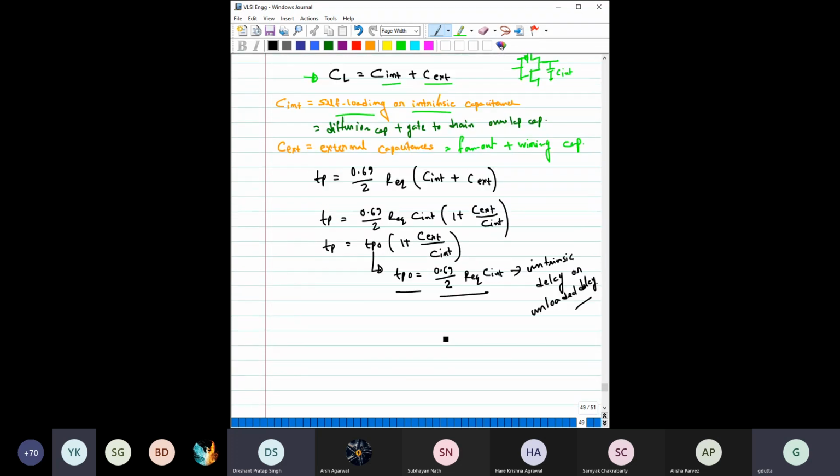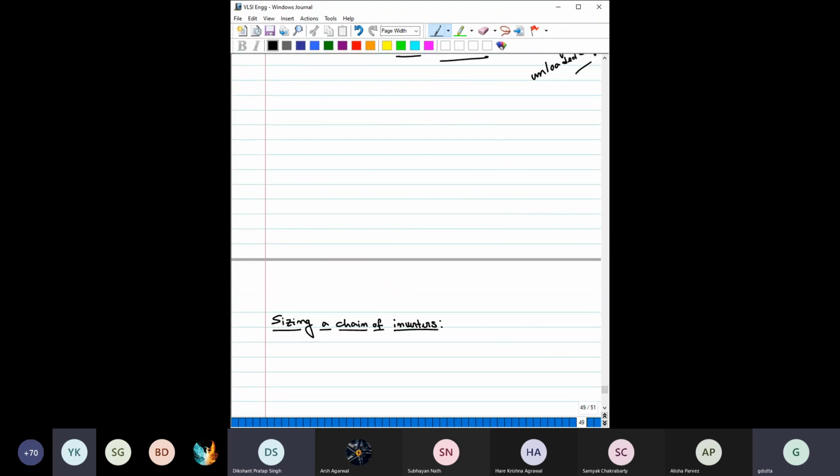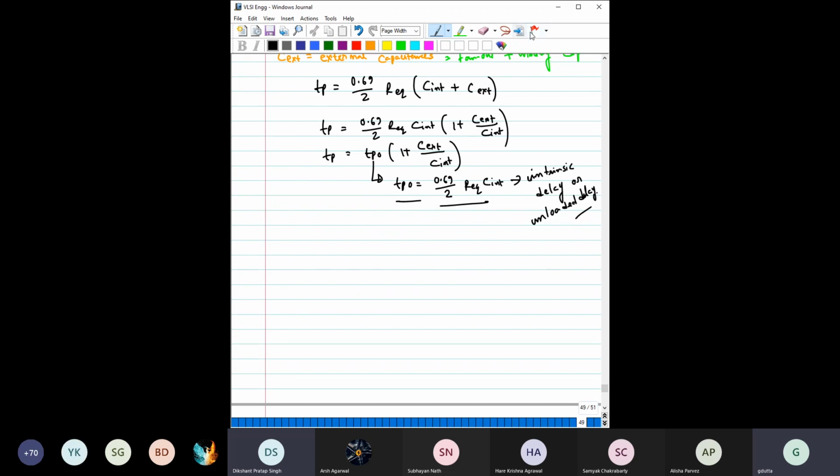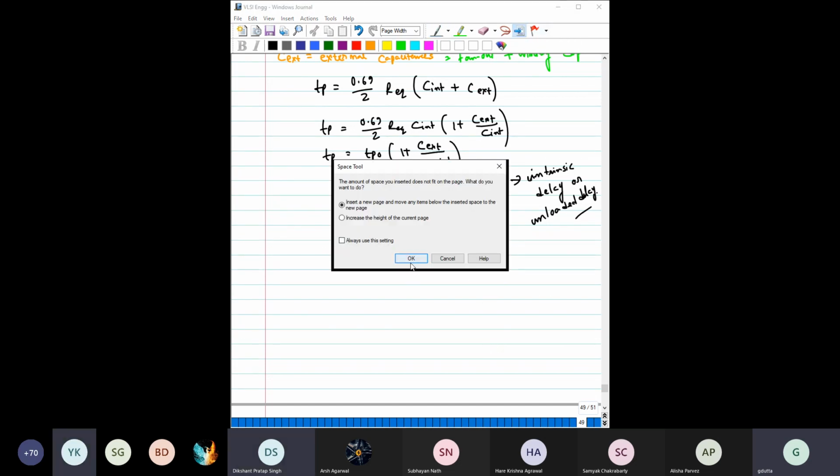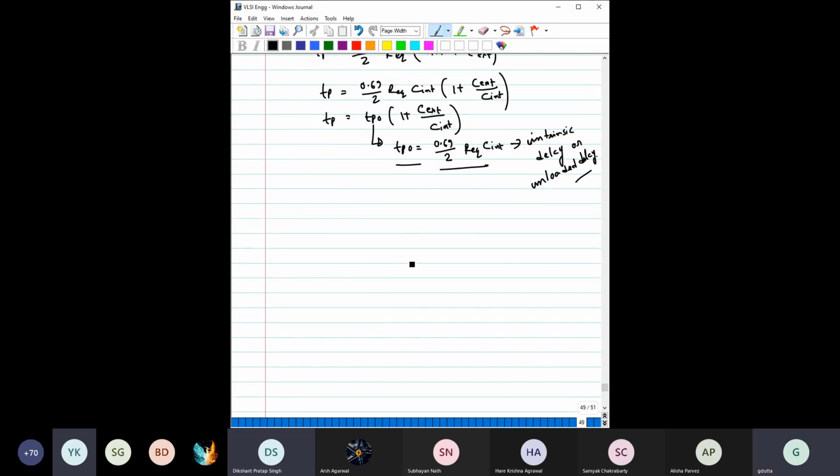Now here comes the fun thing. Suppose we want to size, we want to increase the size. What do we mean by sizing factor?